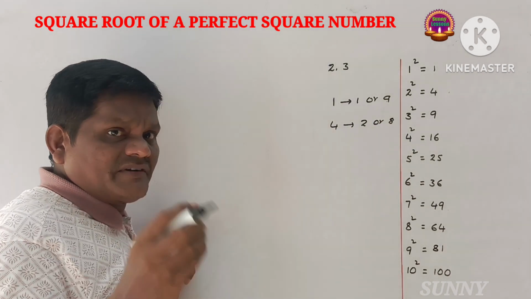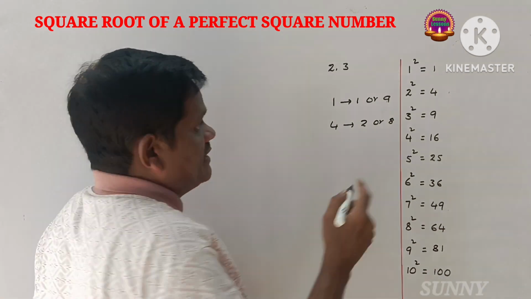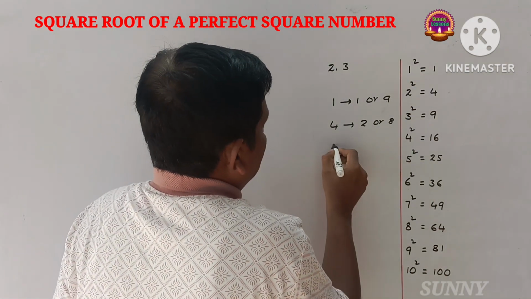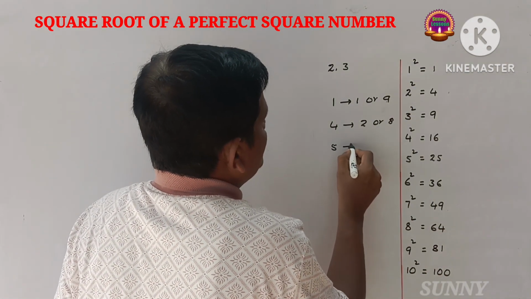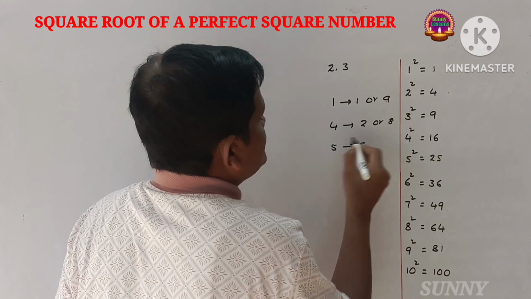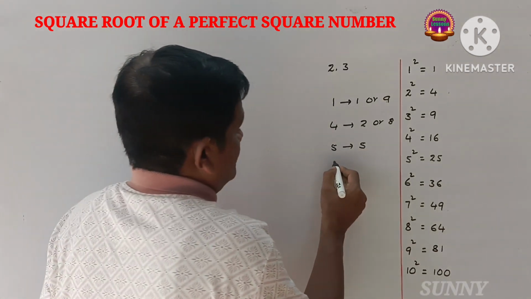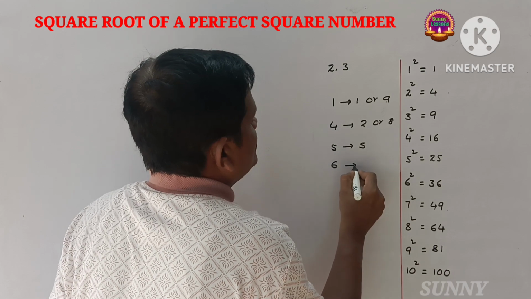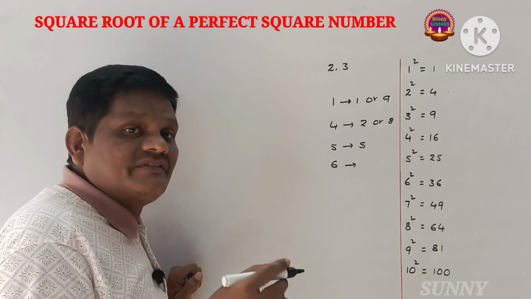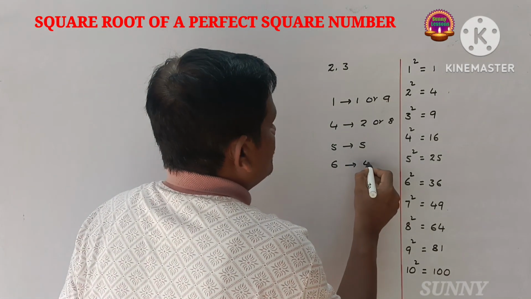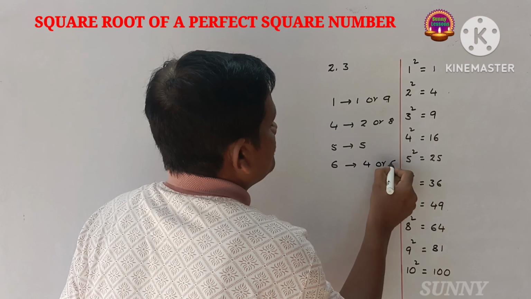When the perfect square number ends with 5, there is only one possibility, 5 square. When it ends with 6, two possibilities are there: 4 square or 6 square, so 4 or 6.